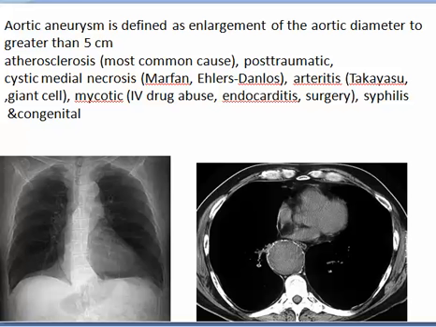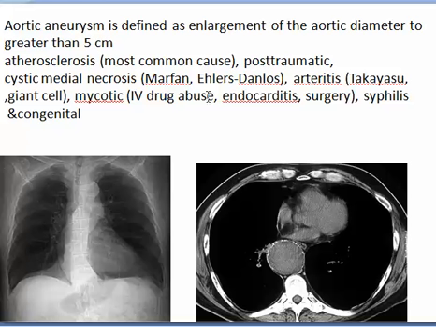Arteritis of the mid-sized and big-sized arteries, Takayasu and giant cell arteritis. Mycotic as intravenous drug abuse, endocarditis and surgery, syphilis and congenital anomalies. This is the differential diagnosis and causes of the aortic aneurysm.